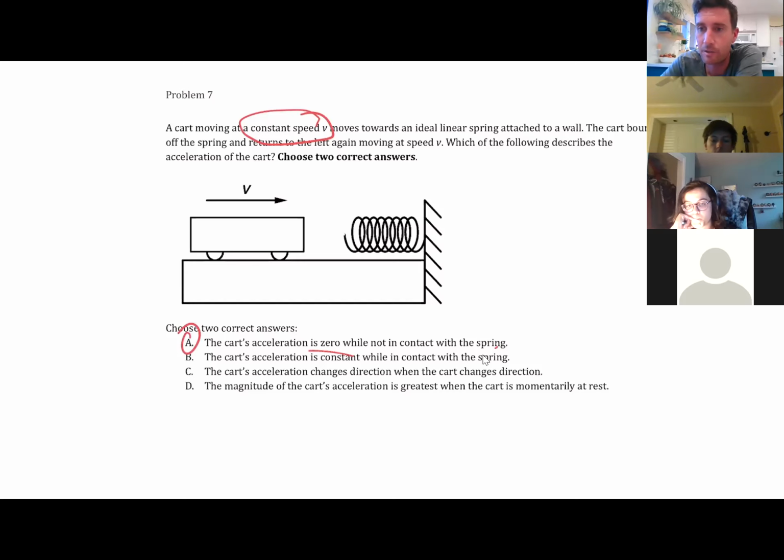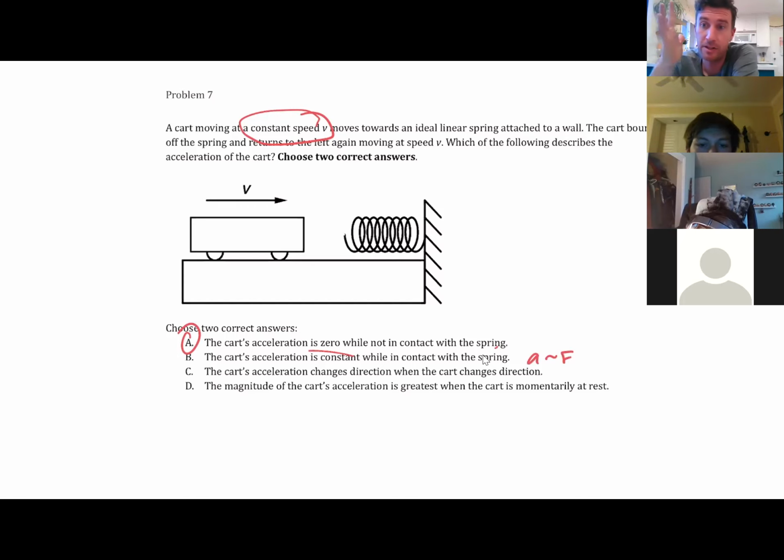Right? When it's not touching the spring, it's going at a constant speed. That means no change of speed or no acceleration. B, the cart's acceleration is constant while in contact with the spring. So when it's hitting the spring, the acceleration is proportional to force.